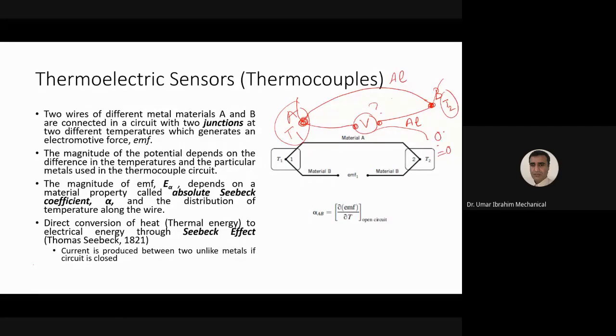Or if you break the circuit, it will result in potential difference at the point of breakage.